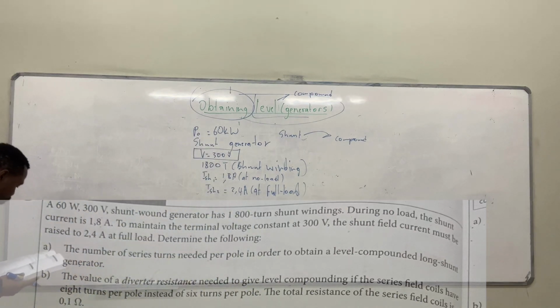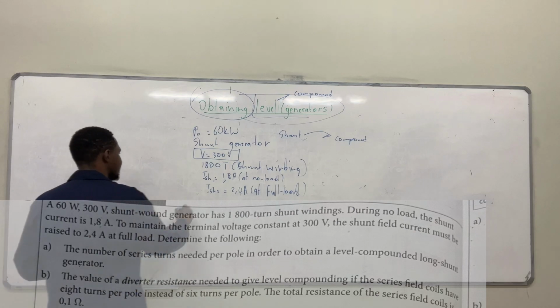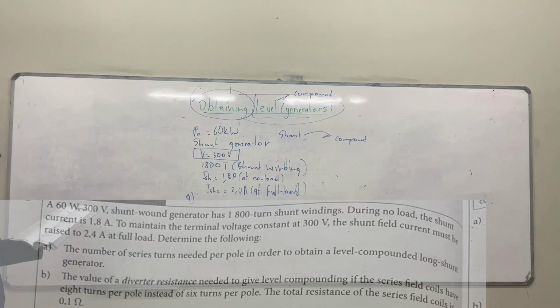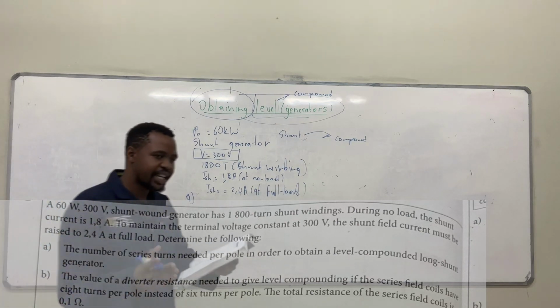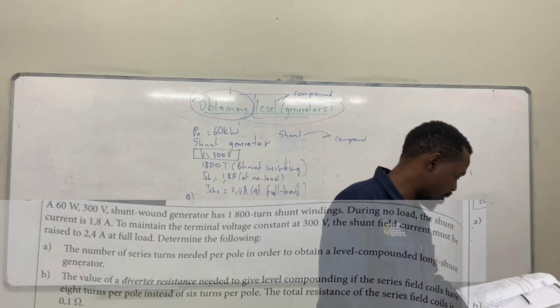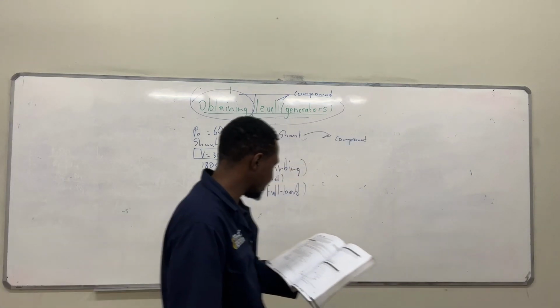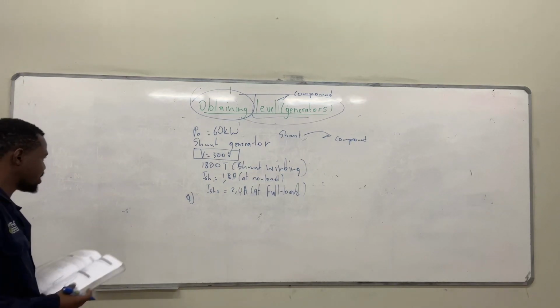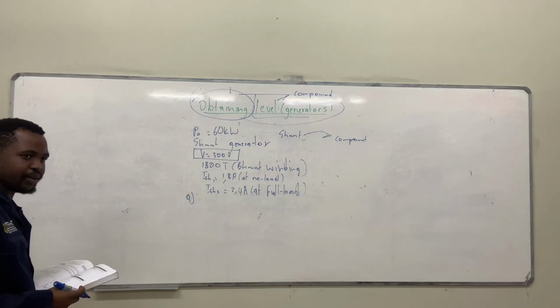Determine the following. A. The number of series turns per pole to obtain level compounding.